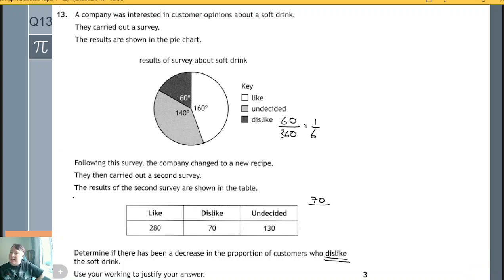So 280 plus 70 and plus 130 is 480. This is not going to be a nice number. So does 6 go into 480? Yes. 6 goes into 480, 8 times.